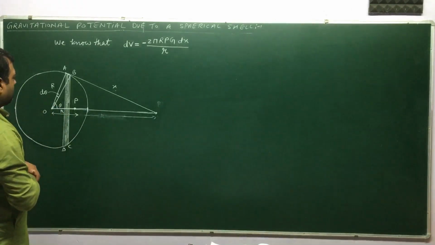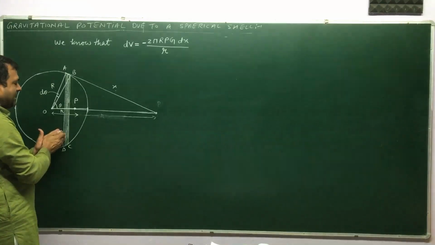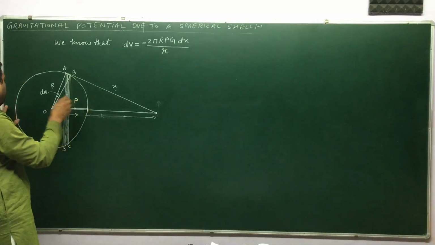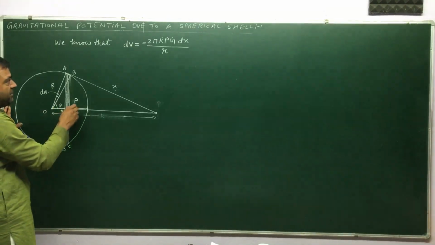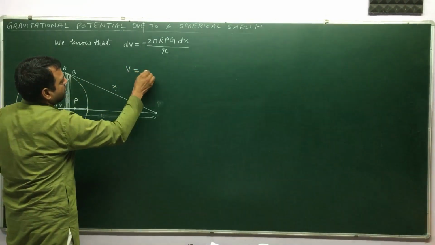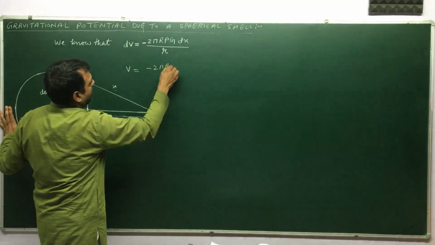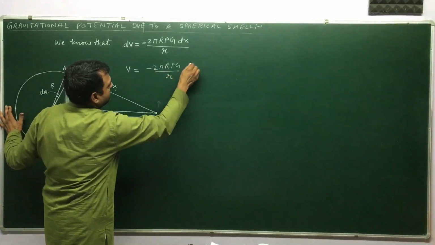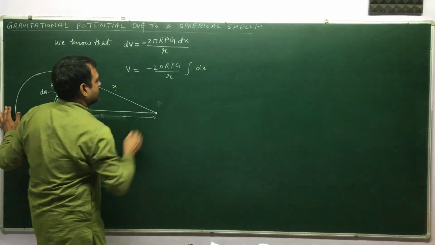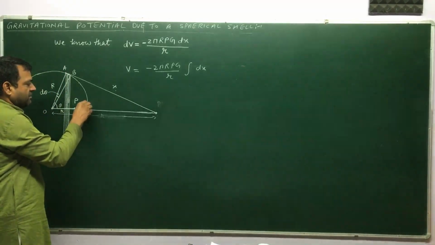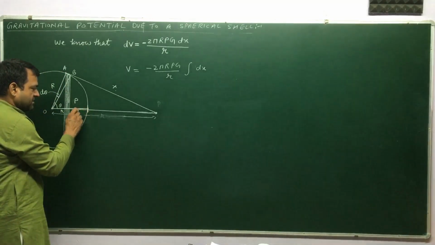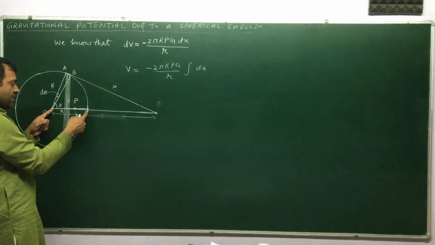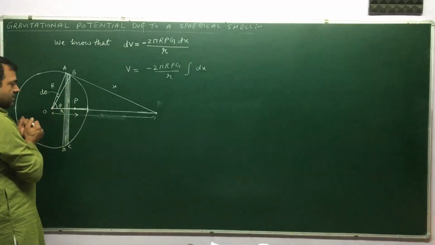Now this disk starts from this point and ends at this point. So our limit of integration: V is equal to minus 2 pi R rho G by r integral dx. Now the first disk starts from this distance. This complete distance is the radius of the spherical shell, which is uppercase R, and this one is our lowercase r.